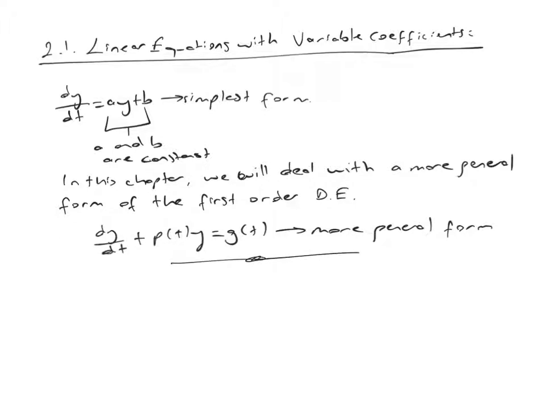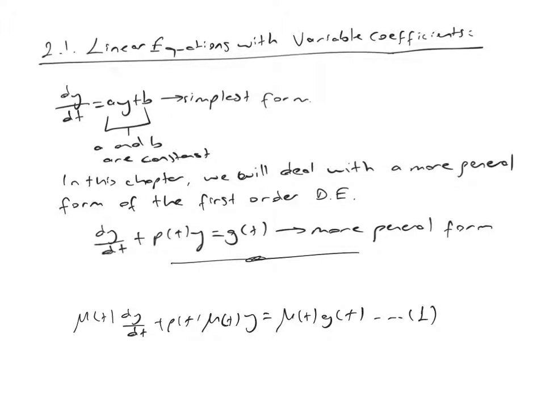I will explain the reason why later, but for now let's multiply both sides with a function mu of t, and we get mu of t times dy over dt plus p of t mu of t times y is equal to mu of t g of t, and let's call this our first equation.